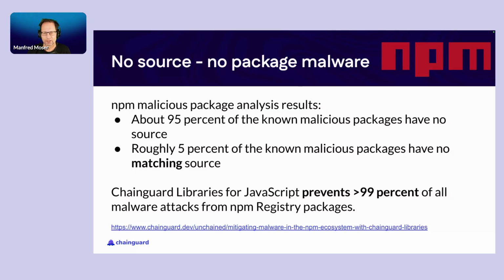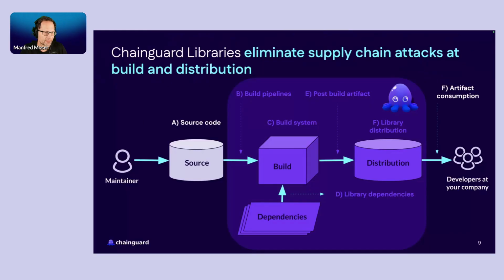Then the attackers created packages that look for crypto tokens and identifiers and stuff like that, and they published binary versions of those into the npm registry.